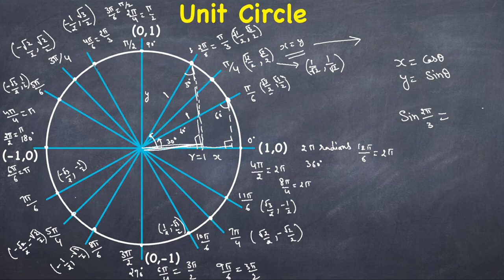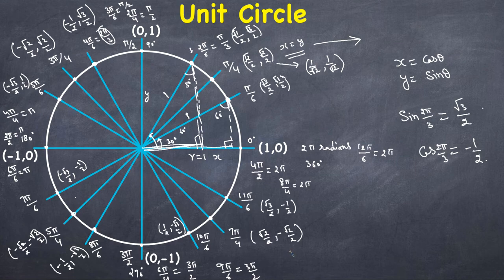So 2 pi over 3 is this angle over here. So at this point, what is the y value? Root 3 over 2. There you go. How about cosine 2 pi over 3? So 2 pi over 3 is here. Cosine is the x coordinate, which is negative 1/2. There you go.